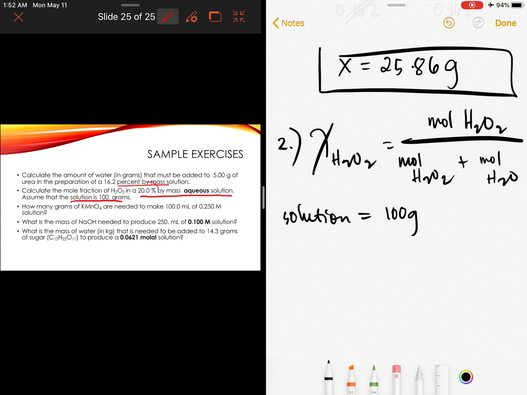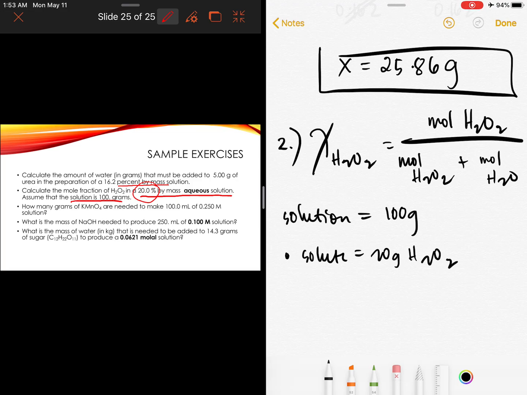So here it says 20% by mass. So if the entire solution is 100 grams, what is 20% of 100 grams? That is 20 grams. So the grams of solute is 20 grams. And in this case, if the solvent is water, the solute is hydrogen peroxide.